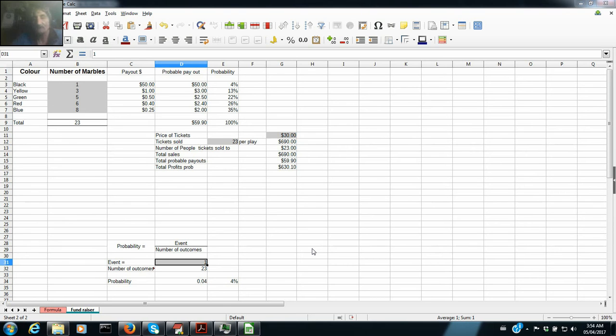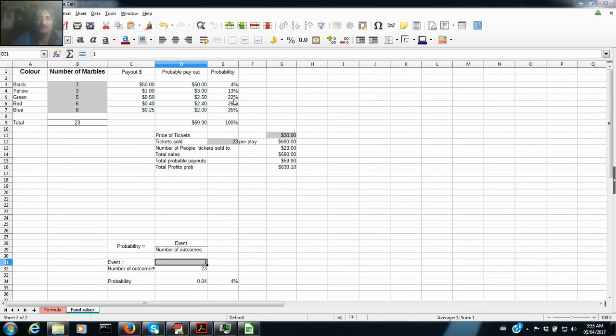So for each player, they've got a 4% chance, when they pay their $30, of making $50. So they'll come ahead by $20. They've got a 13% chance of getting $3.